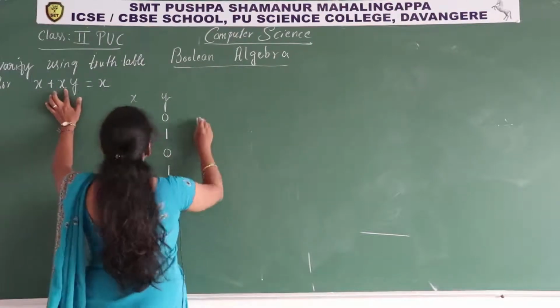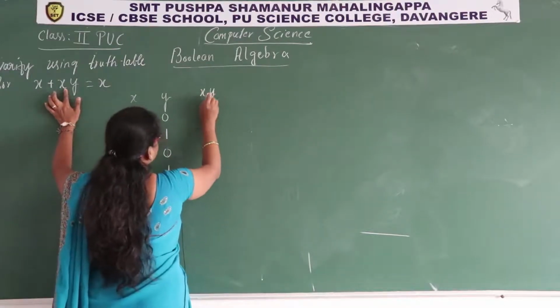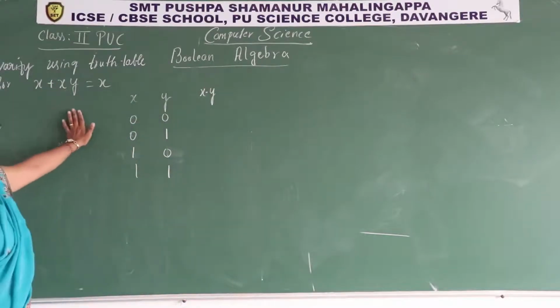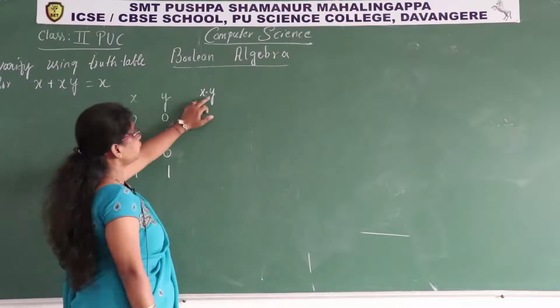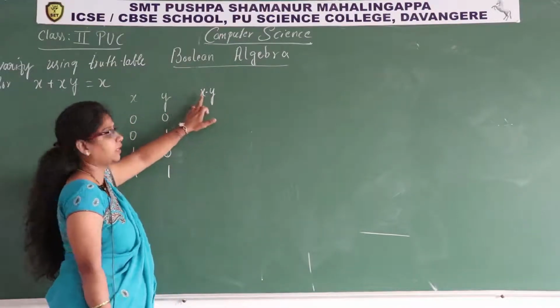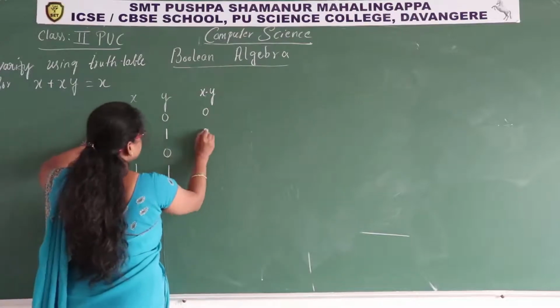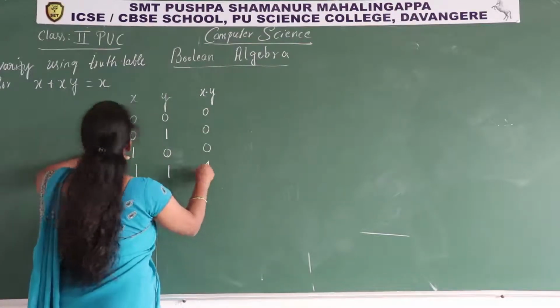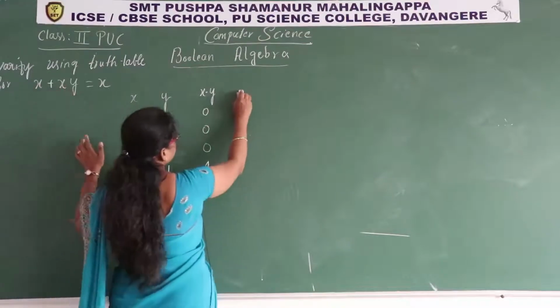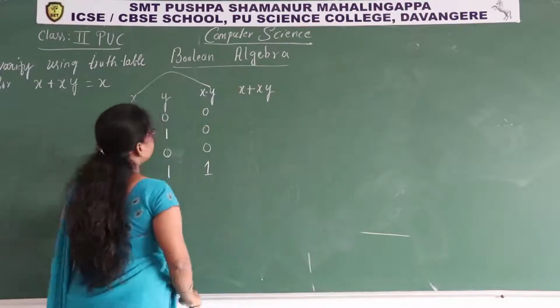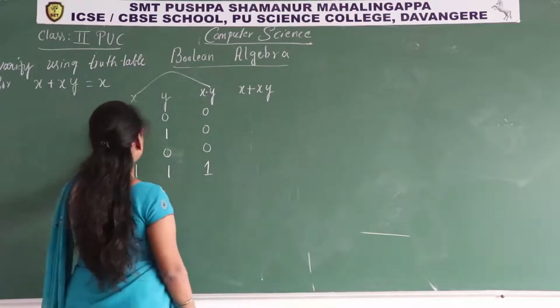So now xy. This is a dot operator. If nothing is there it means a logical AND operation. If all inputs are 0, then output is 0. Here 0, 0, 1. Now x plus xy. Between these two columns, we should apply logical OR operation.